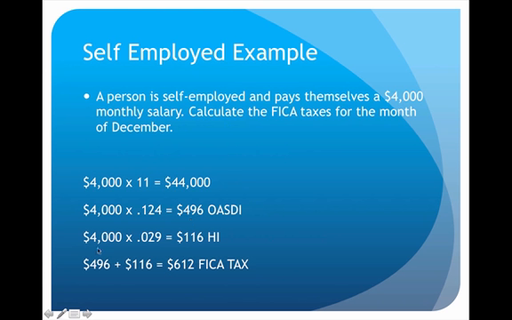And then I'll do the same thing for the HI taxes, but again, since this person is self-employed, I use 2.9%, double the normal rate. So that'll be $116 HI. So 496 and 116 means that in total, $612 will be withheld for FICA taxes. And that includes both the employee and employer match all at once, because this is a self-employed individual.